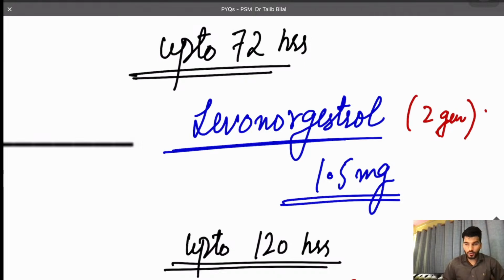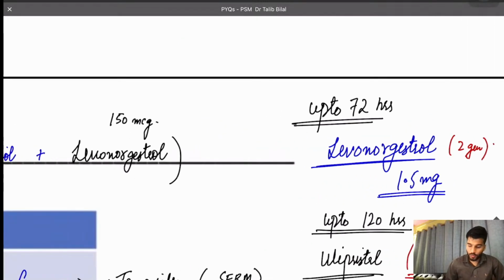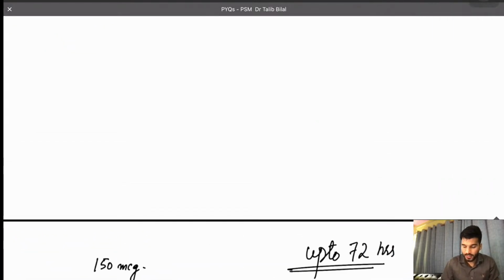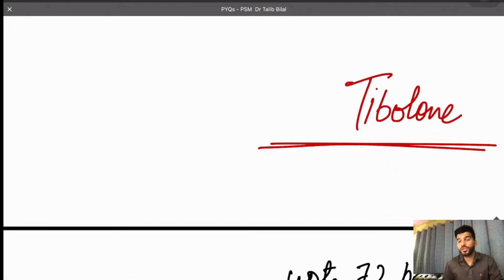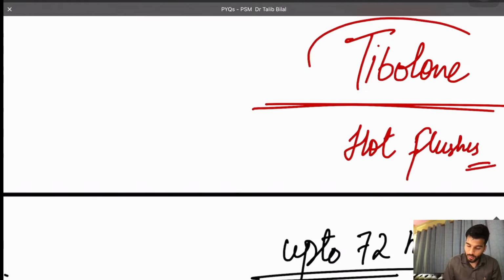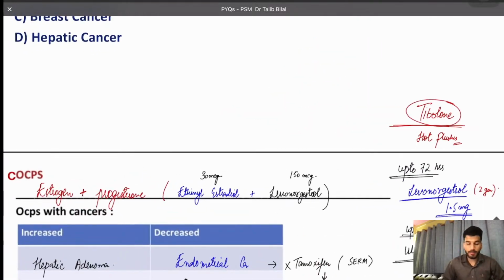First, we have cyproterone and tibolone. Tibolone is usually used in a patient having post-menopausal hot flush. That time, the best drug is tibolone, first generation.